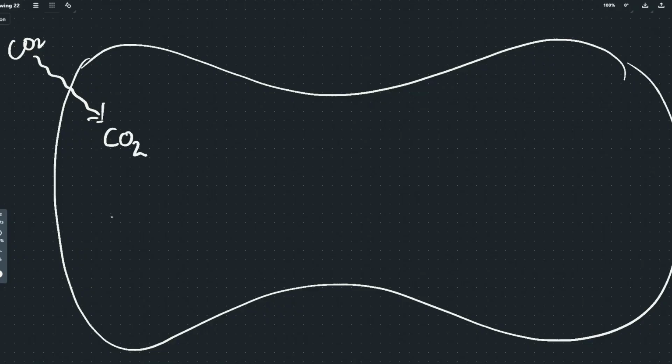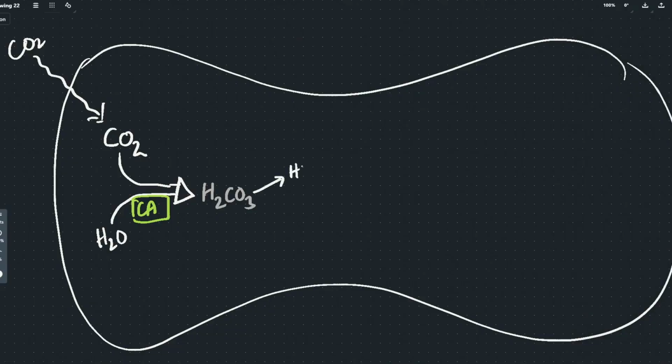Let me explain this. We have water everywhere in our body, and of course red blood cells are no exception. So H2O and CO2 combine in our red blood cell with the help of the enzyme called carbonic anhydrase, and these are converted into H2CO3. Now this H2CO3 will of course release H positive, and it will also release HCO3 negative.